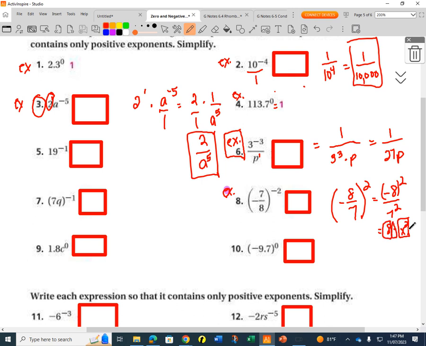So 8, negative button, x squared. You don't even have to hit equals. It'll tell you it's 64. So the numerator of our problem here is 64. And then 7 squared on your calculator, 7, x squared button is 49. So your final answer here would be 64/49.